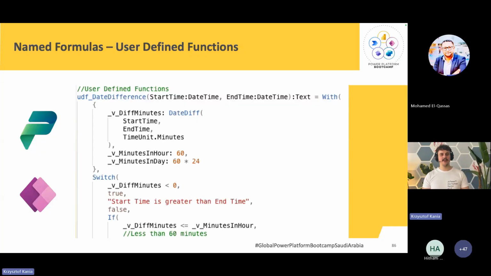To understand on a more complex example, I've created something that I use for work. So personally, on my project, I have a lot of date and times. I need to calculate a date-time difference between start and end in plenty of places of our applications.